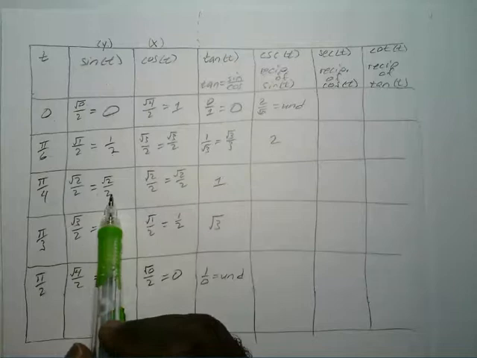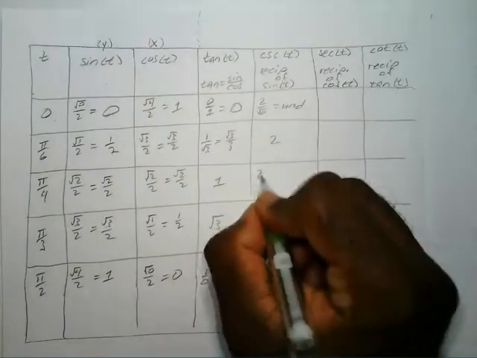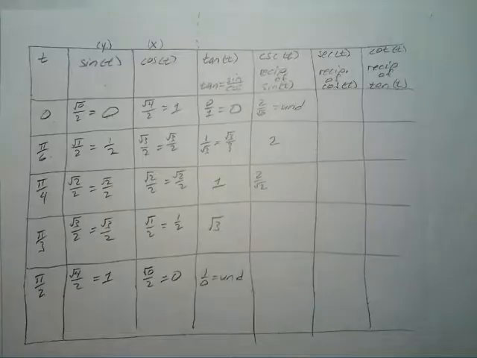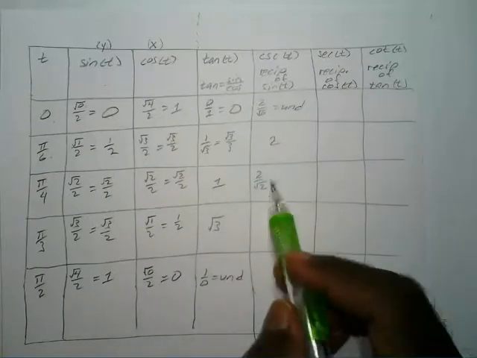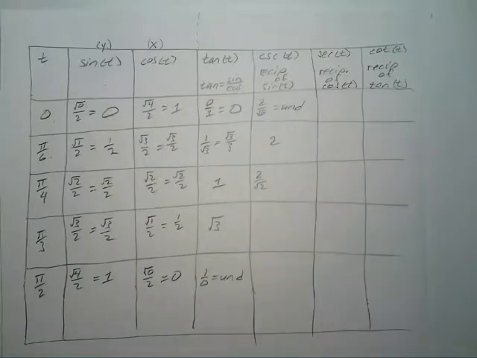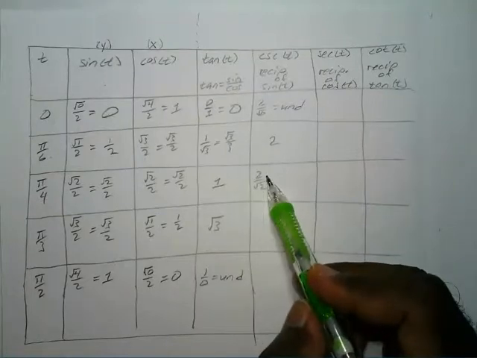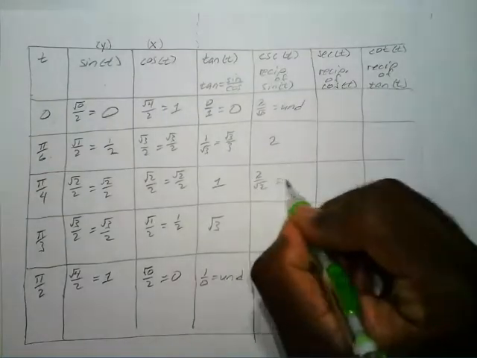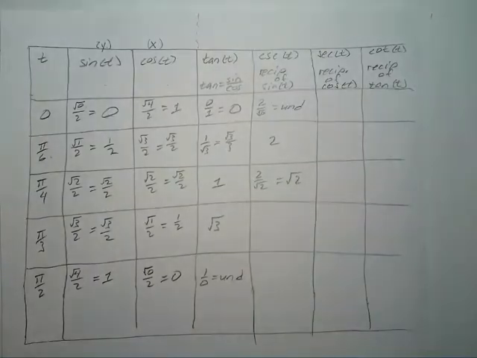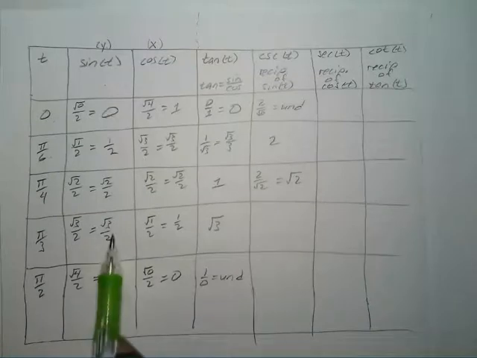We have square root of 2 over 2. The reciprocal of that is 2 over square root of 2. Okay, which actually, if we multiply both of those by square root of 2, we get square root of 2 times square root of 2, those cancel and you end up with just square root of 2. Alright, so now you have square root of 3 over 2.